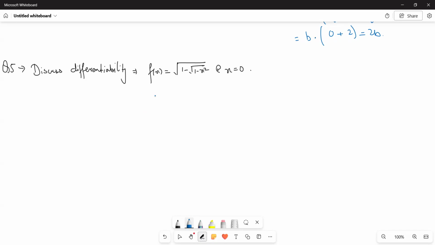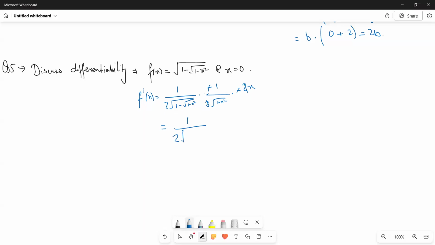Again, now the reason we discuss this question is, well, we are asked to discuss differentiability of this. Now, if we try to differentiate this directly, f dash x would be 1 by 2 root over of 1 minus root over of 1 minus x square into फिर minus root अंदर वाली root का derivative आएगा, so we'll have a minus 1 by 2 root over of 1 minus x square and फिर अंदर वाली 1 minus x square का derivative आएगा, so that will be like a minus 2x. तो ये इधर cancel हो गया, 1 2 cancel हो गया.